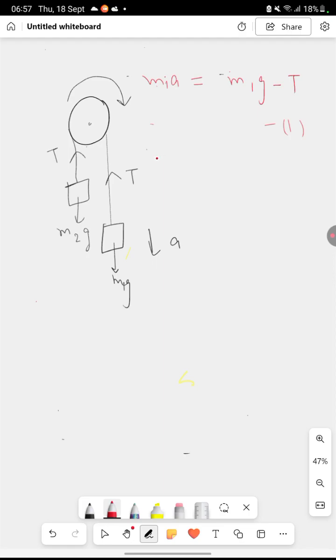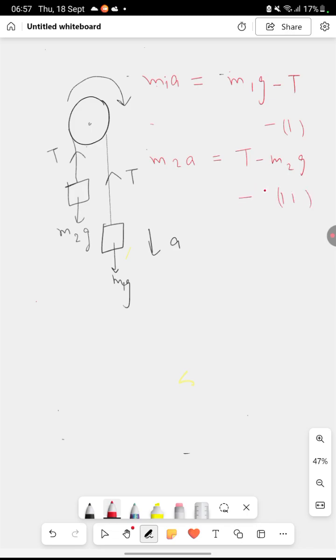So from here we can say M2A will be equal to, here the tension force will be greater because the resultant is in the upward direction, so tension minus M2G. Okay, this is our second equation.